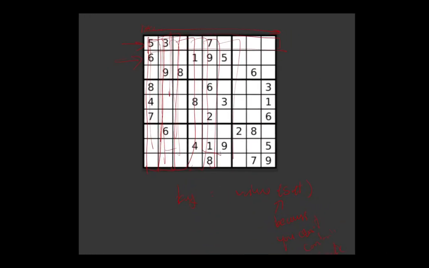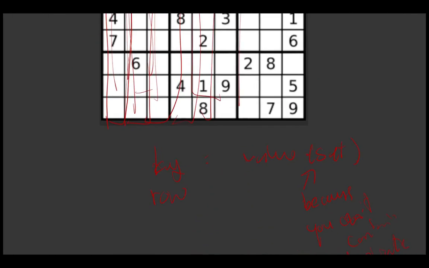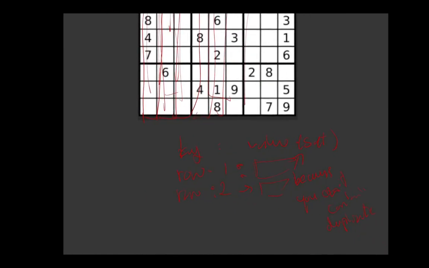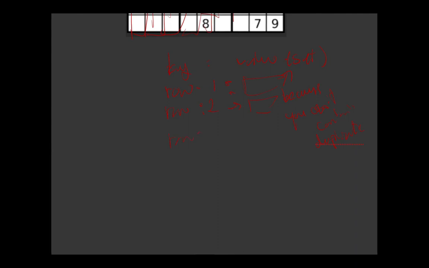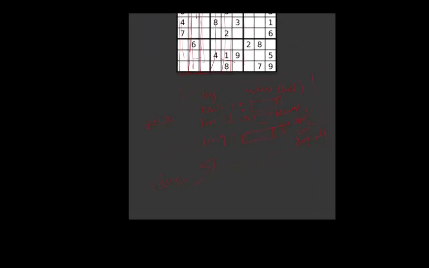So obviously we need to use the key as a row here. For example, row number 1 consists of this value, row number 2 consists of this value, and so on and so forth until row number 9, and check if it has any duplicate values. So we need to create one dictionary for rows and one dictionary for columns. That's going to work the same way.